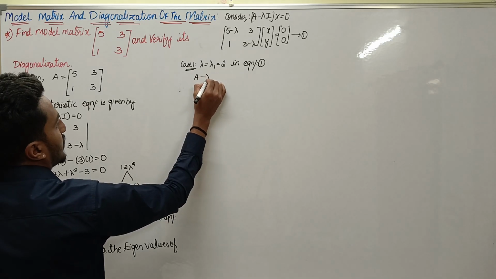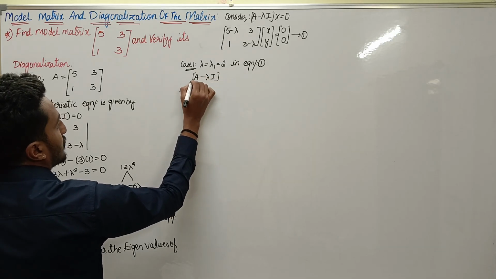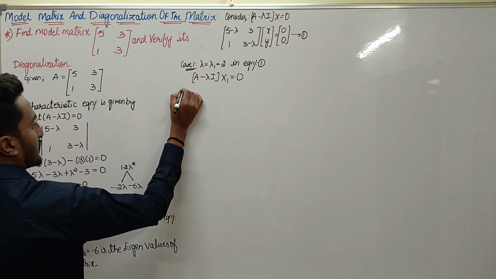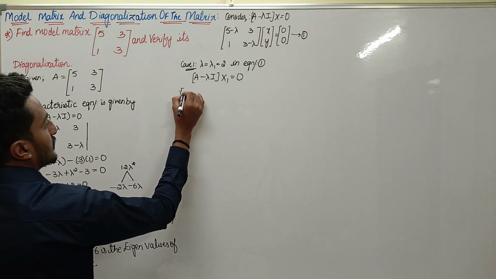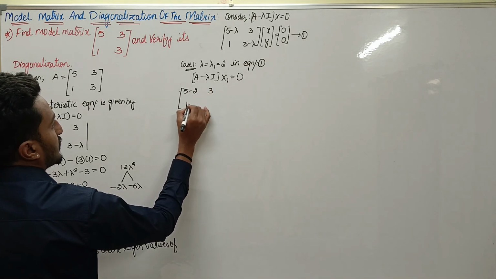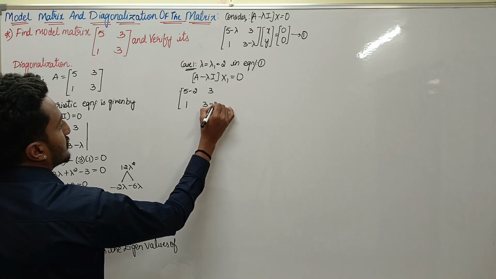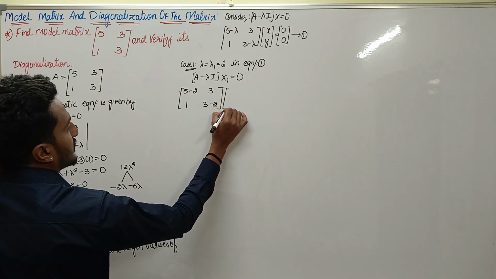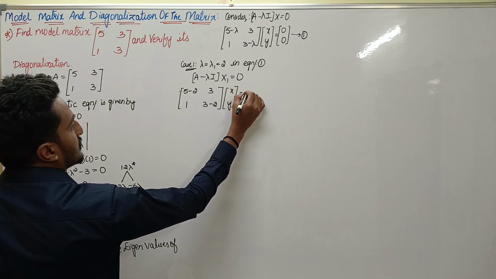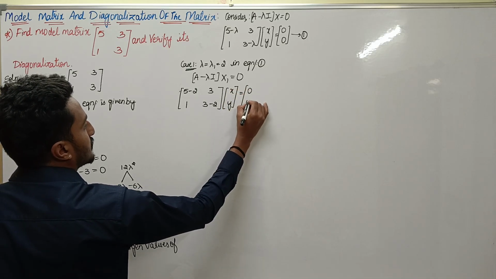In equation number 1, A minus lambda 1 I into x1 equal to 0. That is 5 minus 2, 3, 1, 3 minus 2, into x, y, equal to 0, 0.